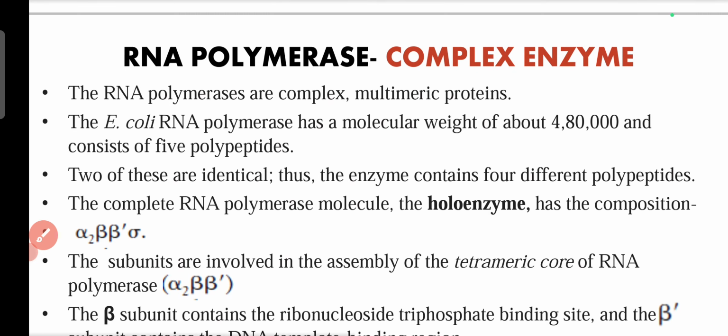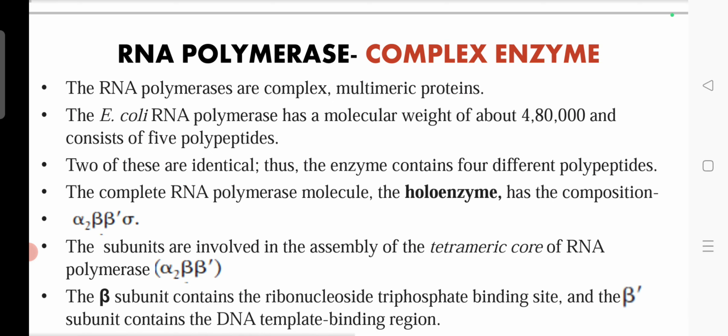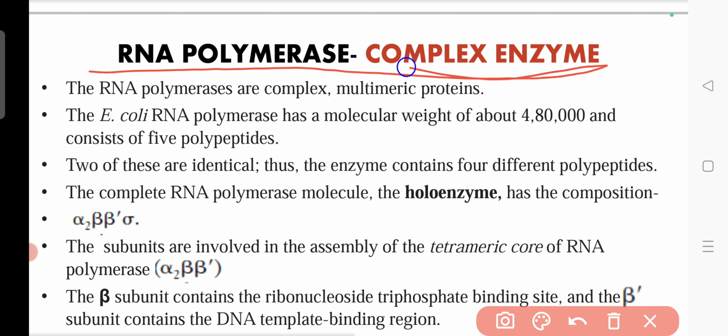So now we will discuss the RNA polymerase enzyme first, because this entire process of transcription or RNA synthesis is carried out by the RNA polymerase enzyme, which is not a simple enzyme, but a complex enzyme.